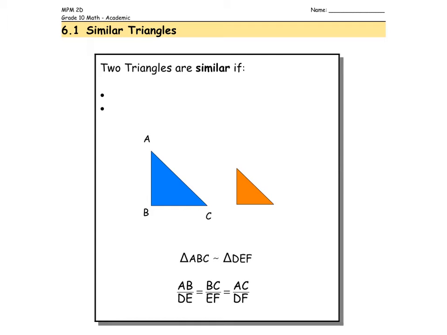So first of all, we say that two triangles are similar if they have a couple of necessary properties that relate them. The first is that the triangles are similar if they have all angles that are equal. All the angle measurements are going to be of equal measure.